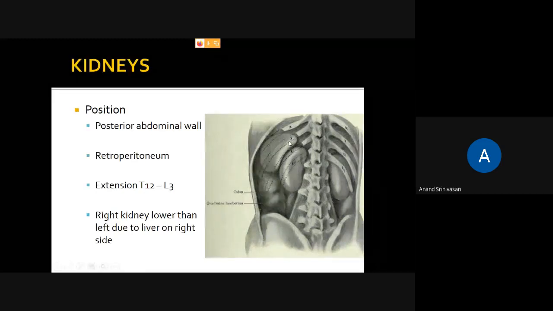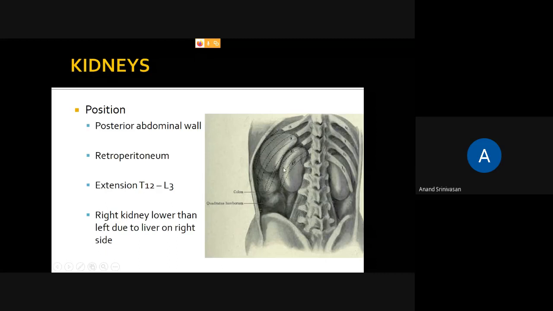That's because the liver is present on the right side, in the right hypochondrial region. Because of the liver, the right-sided kidney cannot ascend, and they appear at different levels. The right kidney is at a lower position than the left.